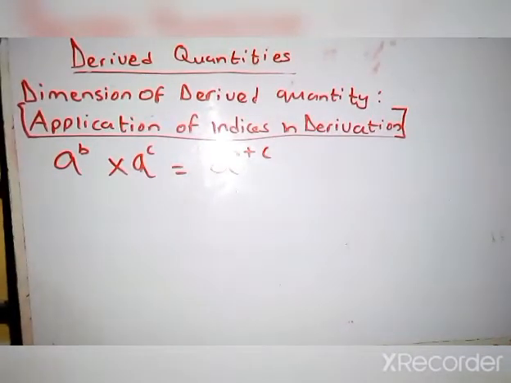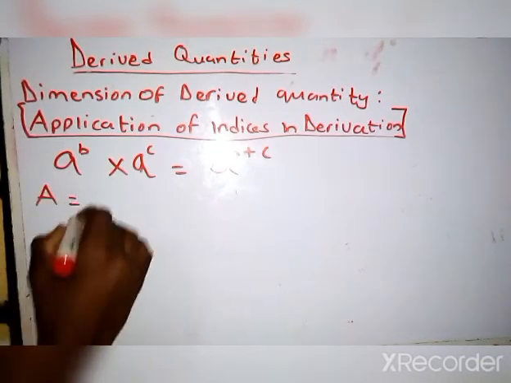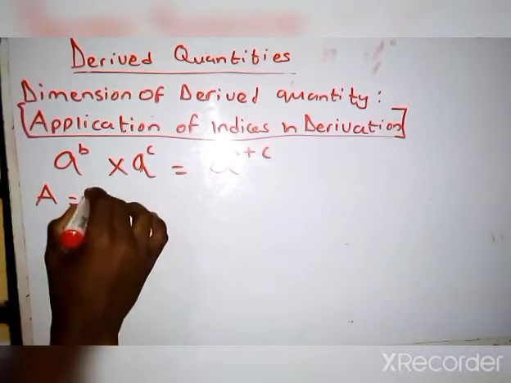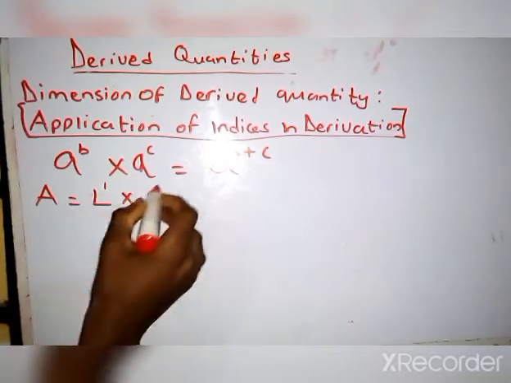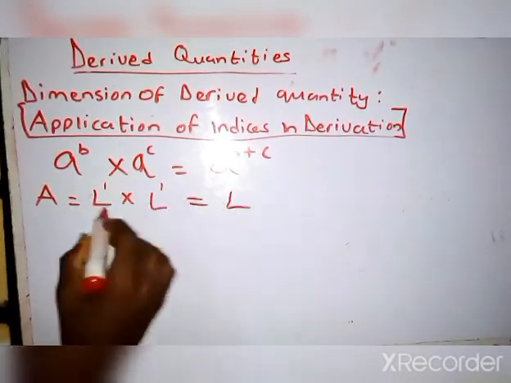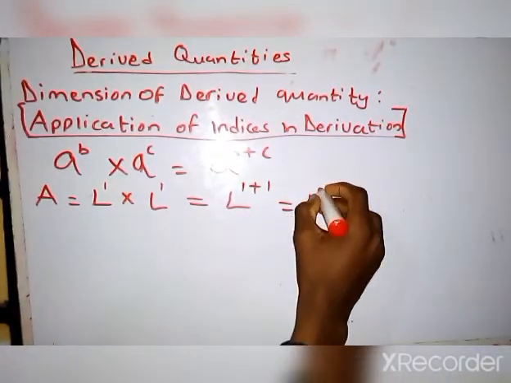So we use the product law. For example, area equals length times length, and each length is to the power of 1. Since they have the same base, 1 plus 1 equals 2, so L is to the power 2.